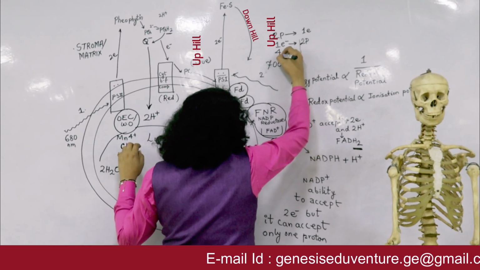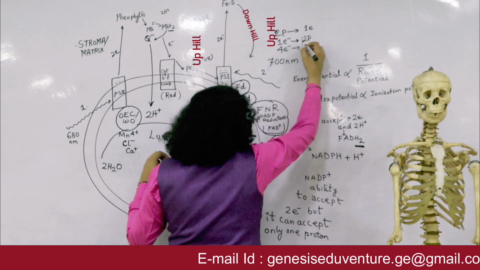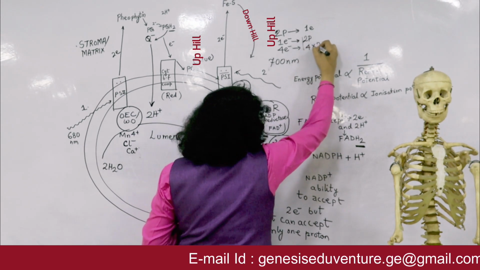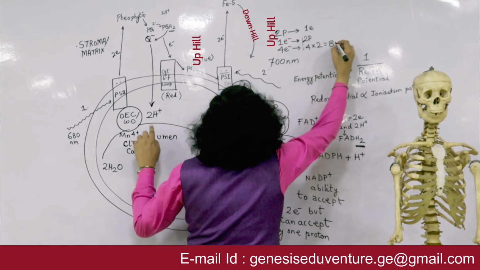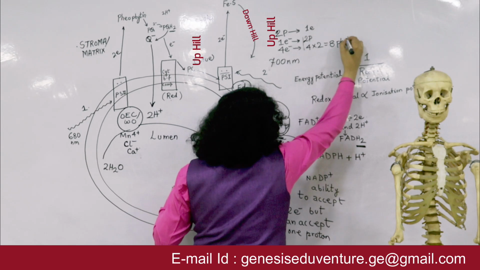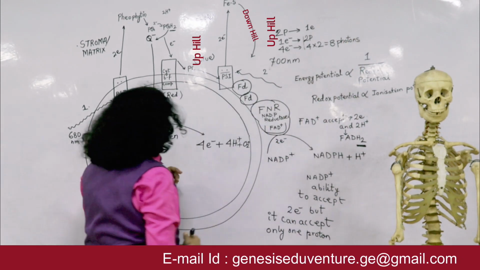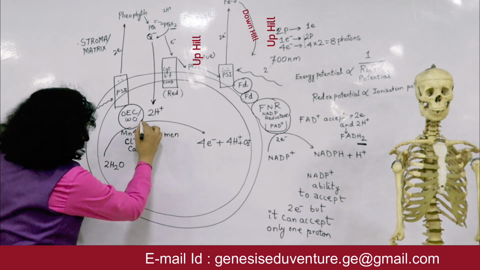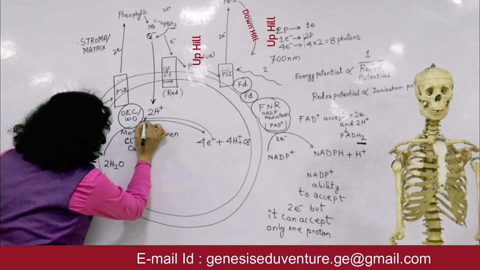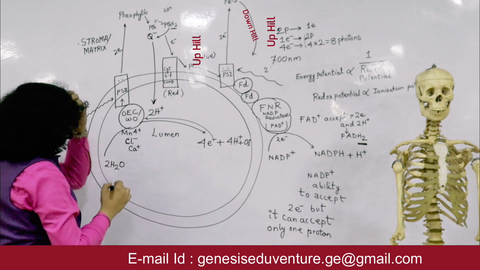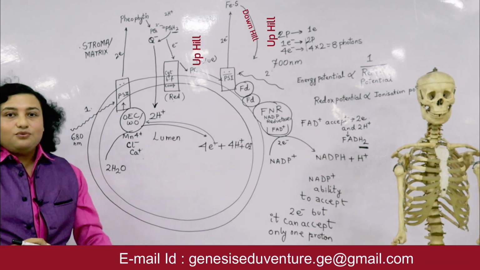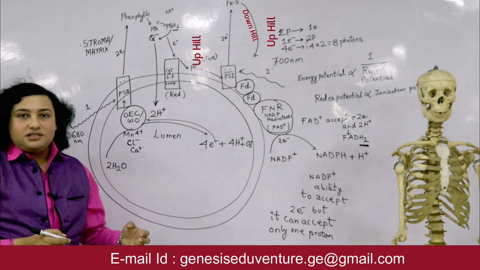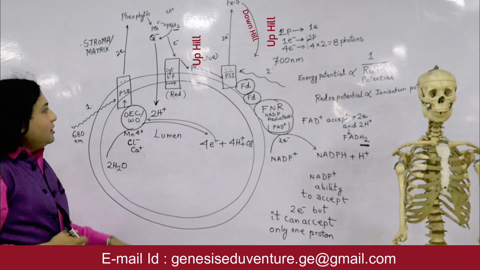So if it is a matter of 4 electrons, we can write 4 into 2, that is 8 photons will be required for transport of all these 4 electrons. All these 4 electrons will be accepted by the OEC, and one by one it will reach the photosystem 2. In this way the electron deficit of the photosystem 2 is being filled up.